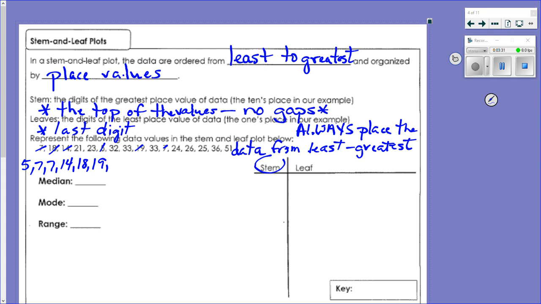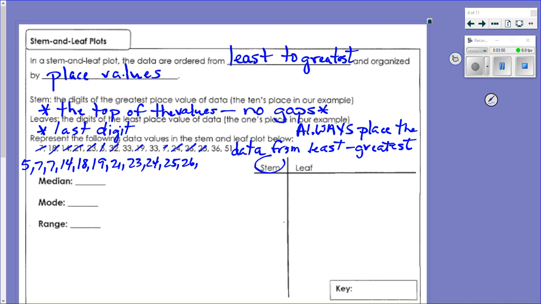Now we're in the 20s. I got a 21, 23, 24, 25, 26. Now we're done with that.